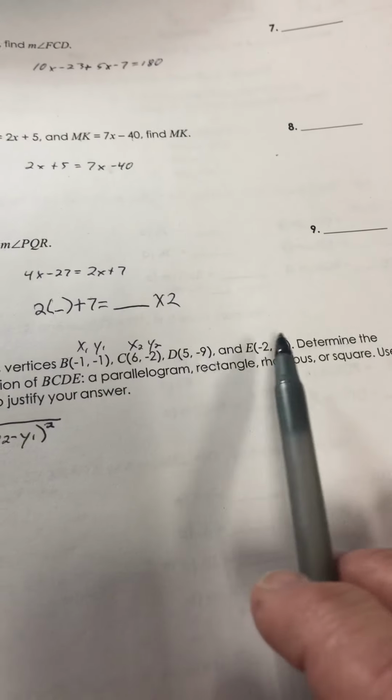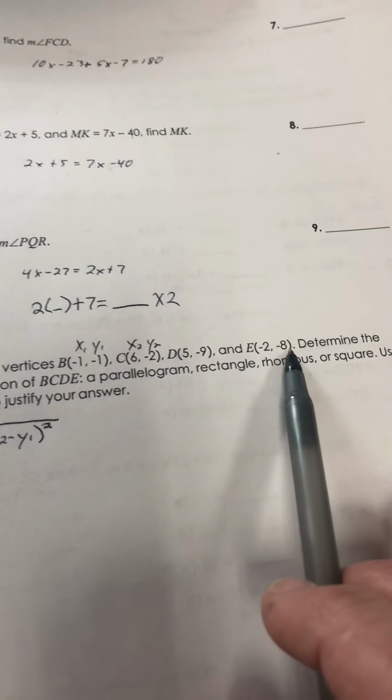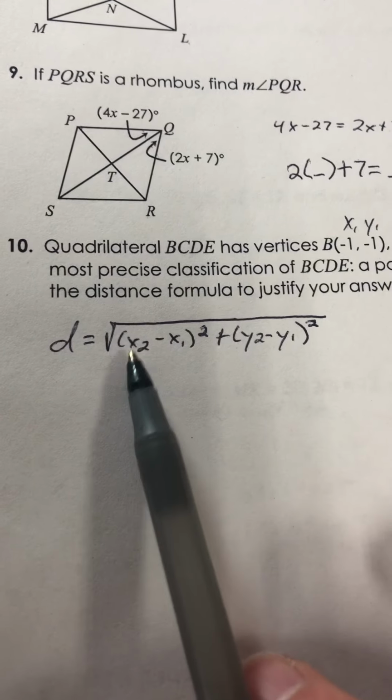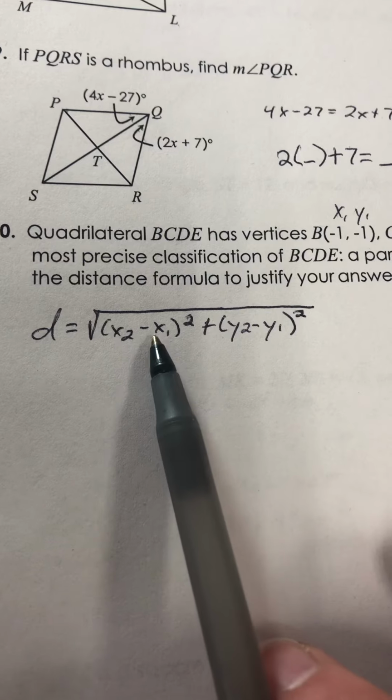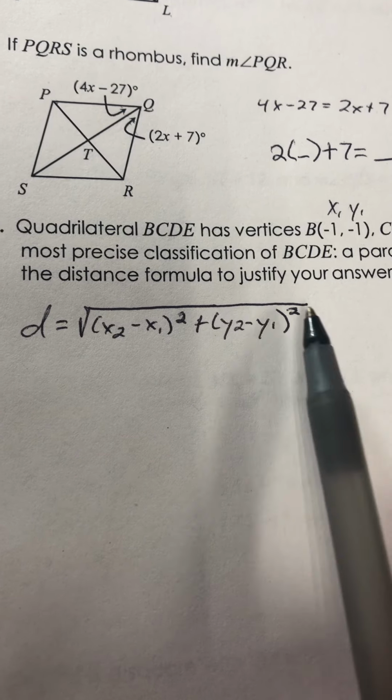Then pick another pair of points, rename them x1, y1, x2, y2, and find the distance between those, and go through this formula: square root of x2 minus x1 squared plus y2 minus y1 squared.